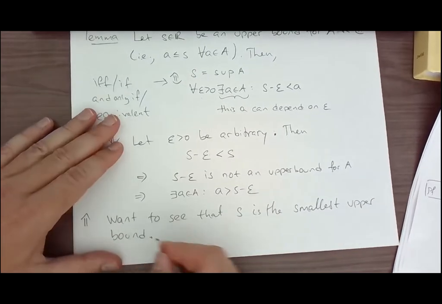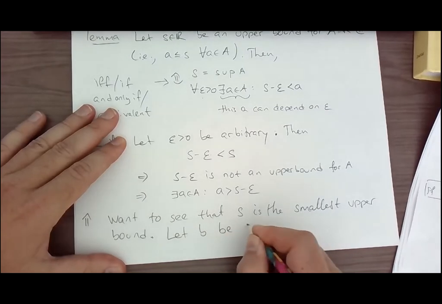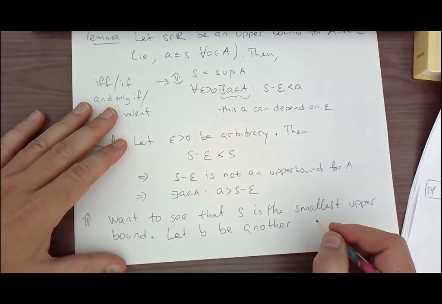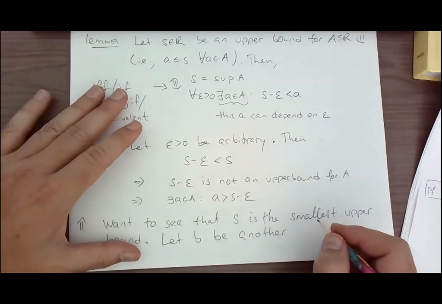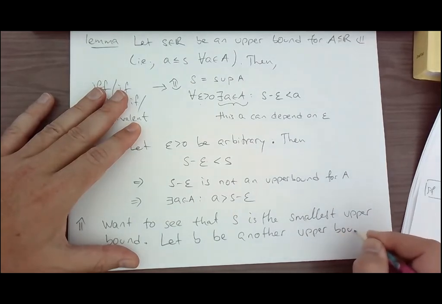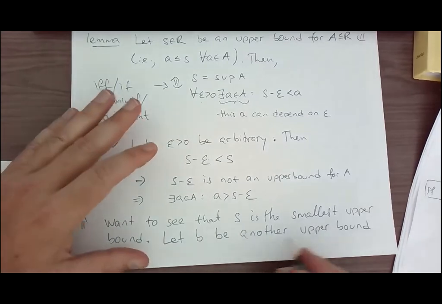Okay, so to do that, you're going to take another upper bound. Let B be another upper bound. What does it mean?